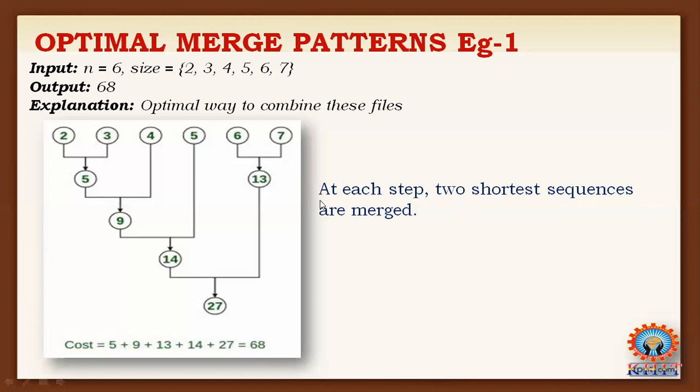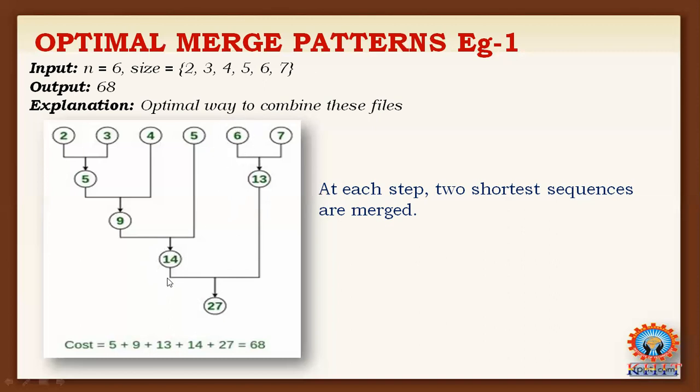Friends, do not forget, whenever you are merging files, you should always select the two shortest sequences, and only then apply the merge. Students will make a mistake here while merging 14 with 6. Please do not merge 14 with 6. When you merge 14 with 6, this is a wrong concept.